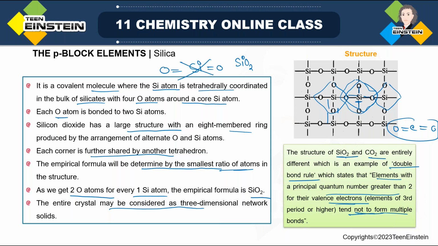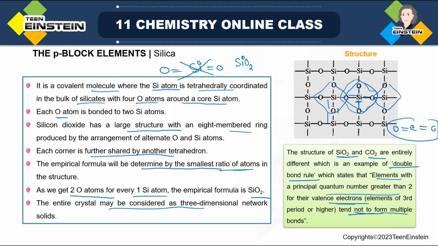So it is because of the double bond rule, though the actual logic is that silicon is from the third period. When it tries to form a pi bond with oxygen, it is difficult because then it is sidewise overlapping of 2p orbital and 3p orbital, which will not be very effective. But if the pi bond is between 2p, it is more effective because 2p is more compact in nature compared to 3p.